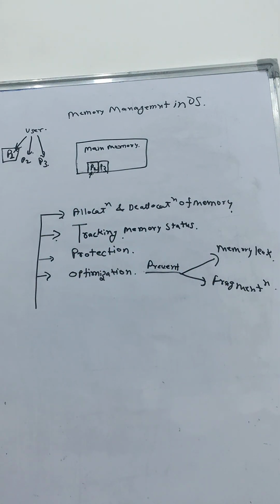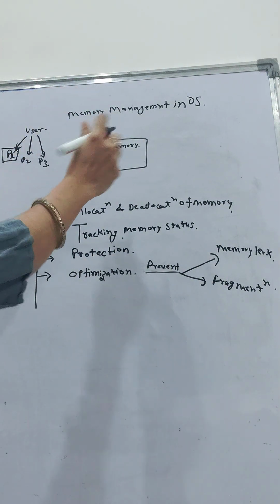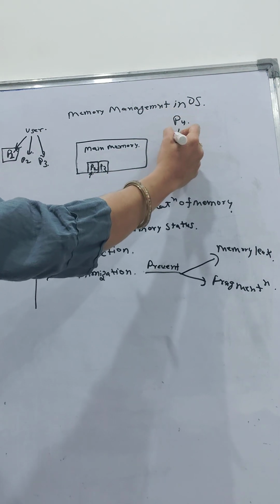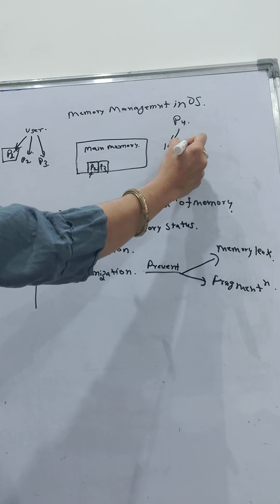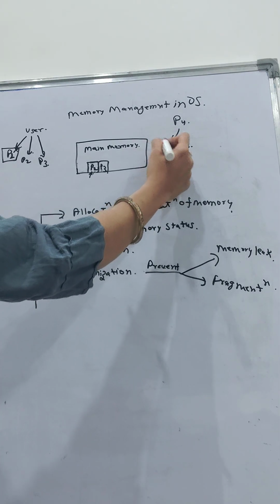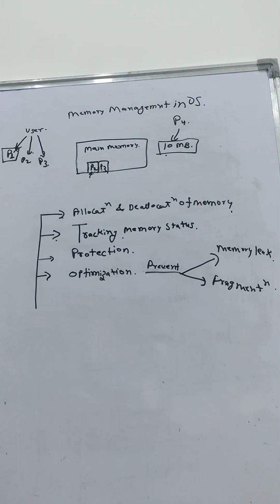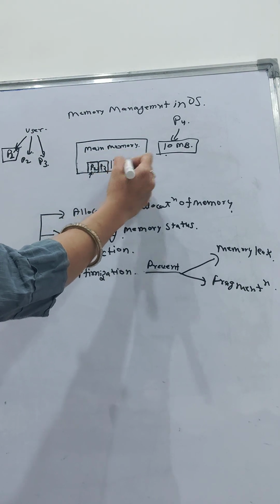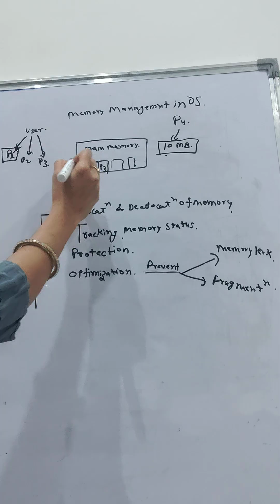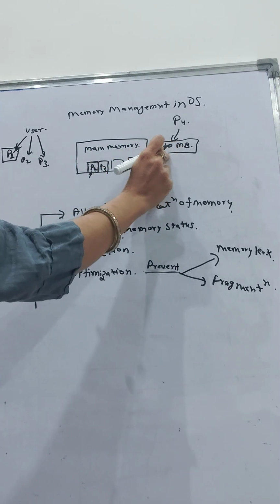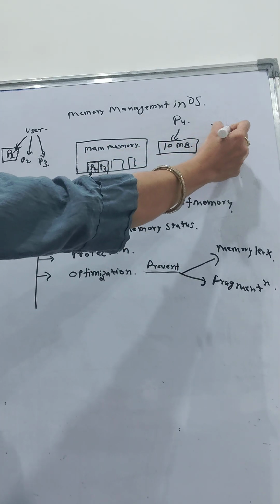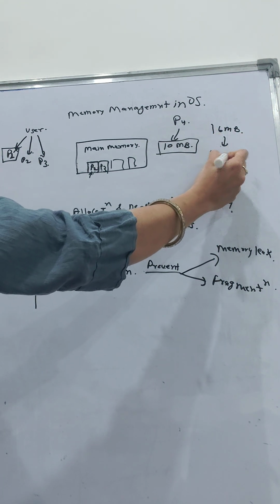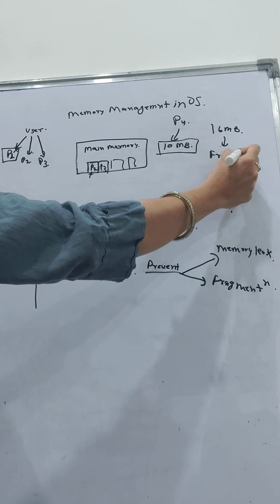And what is fragmentation? Suppose a new process is coming, and it requires 10 MB of RAM area. And suppose here multiple processes have been assigned, and we have 16 MB free memory in our RAM.